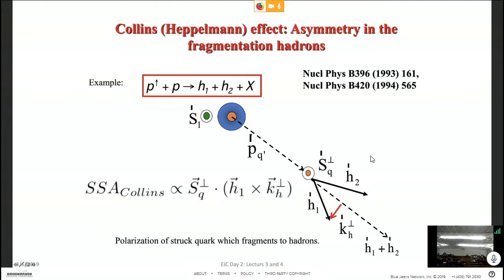And you can get partons that come out this way on the left or right side, and that was predicted or envisioned by John Collins, and it's called the Collins effect. It comes from the fragmentation of the quark into the pion, the fragmentation region. The Collins effect or Collins-Heppelmann effect.